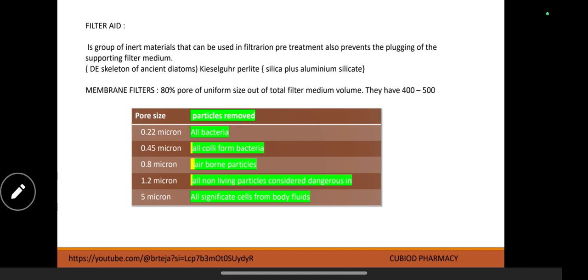Pore size and particles removed: pore size 0.22 micron, all bacteria; 0.45 micron, all coliform bacteria; 0.8 micron, airborne particles; 1.2 micron, all non-living particles considered dangerous in injections; 5 micron, all significant cells from body fluids. This is the importance of pore size, which depends on the particle sizes removed.